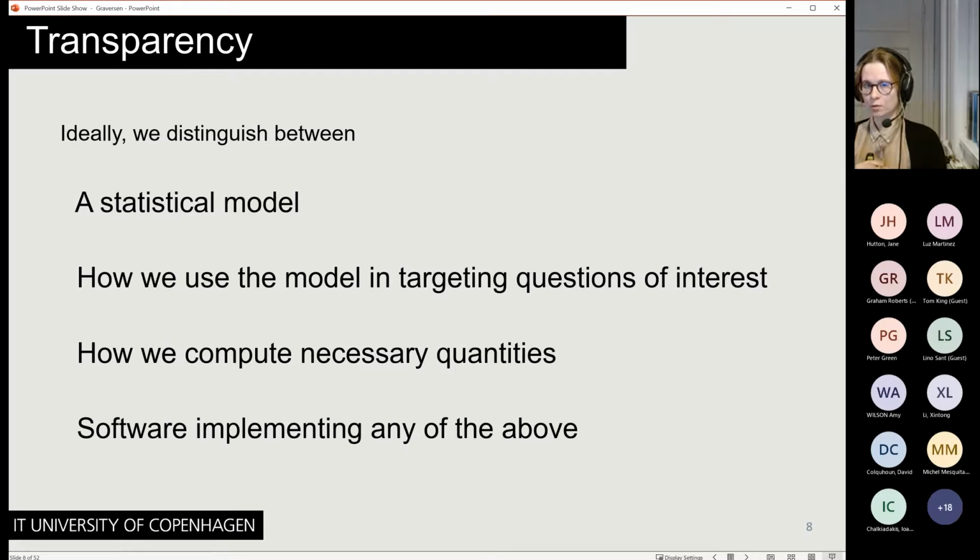So for instance, I want to distinguish between the idea of having a statistical model and a specific one. That's one component. Then how I want to use this model for the end result, say, compute the likelihood ratio. Then how I actually decide to compute it, and the specific software implementing it.